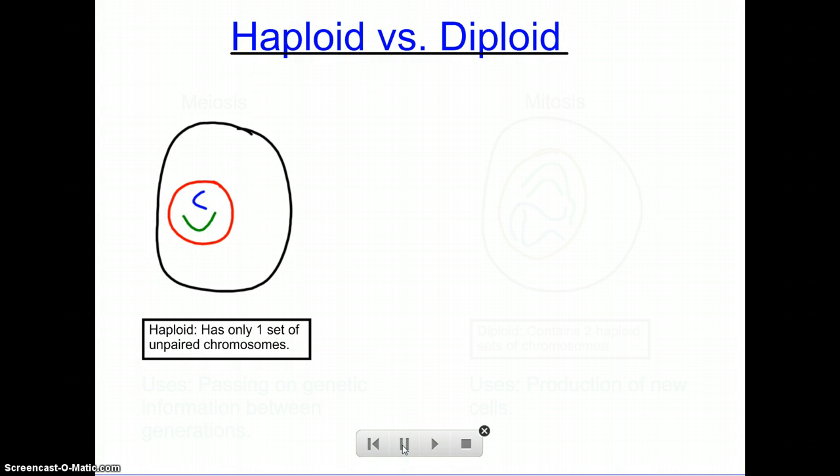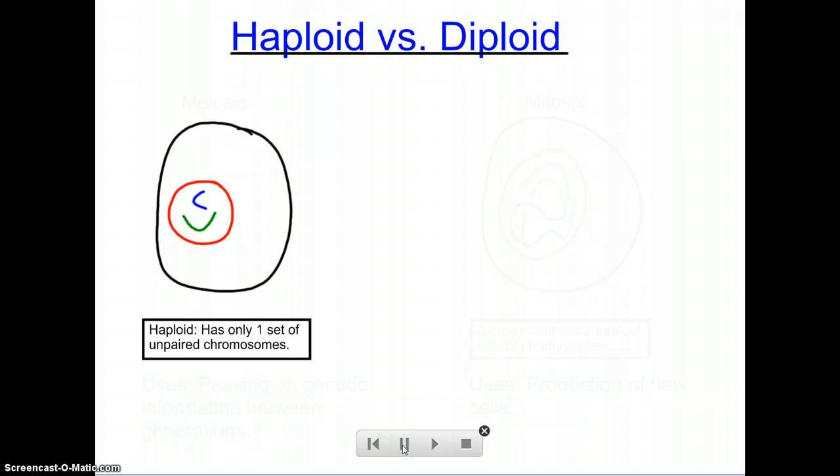Notice, haploid has only one set of unpaired chromosomes inside its nucleus. Which type of division would produce these type of cells? Meiosis. We know it's not mitosis because mitosis would have a pair, right?